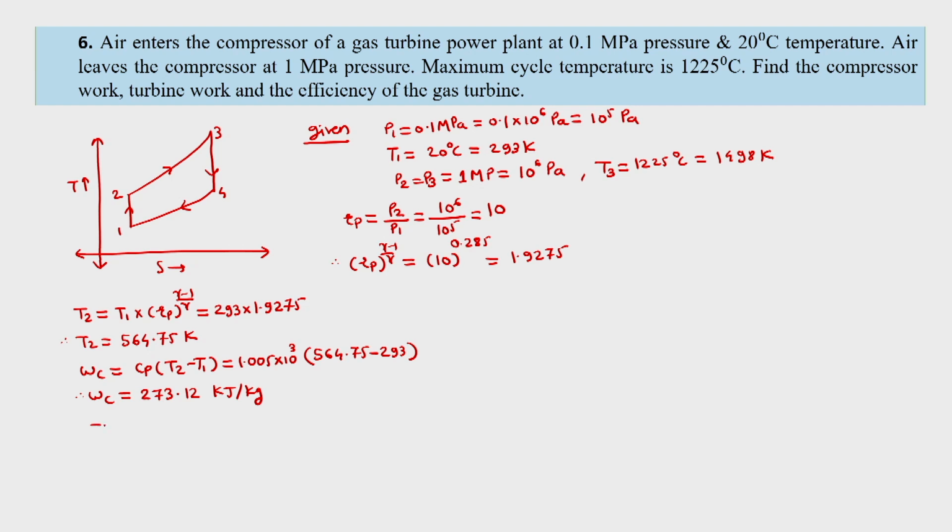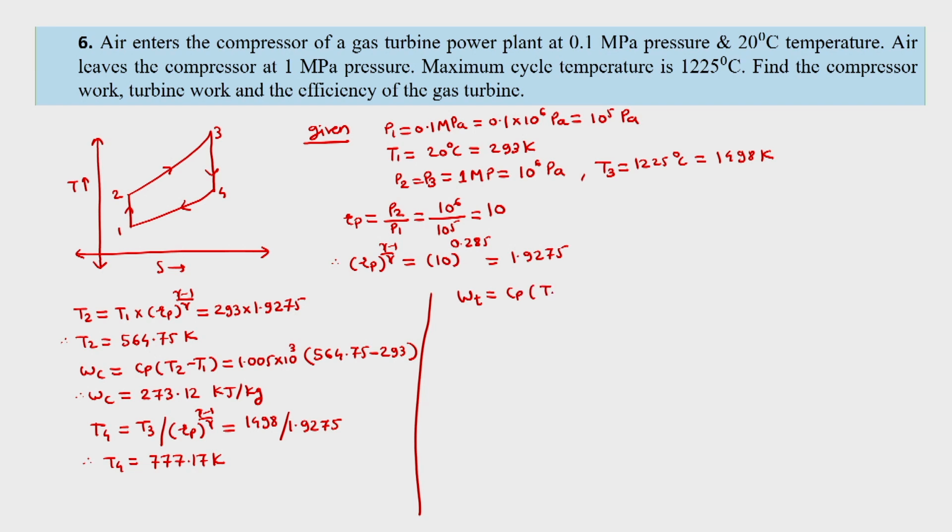Let us find out T4. Since T4 is equal to T3 upon Rp raised to gamma minus 1 upon gamma, T3 is 1498 divided by 1.9275. So we have T4 is equal to 777.17 Kelvin. This gives us Wt is equal to Cp into T3 minus T4.